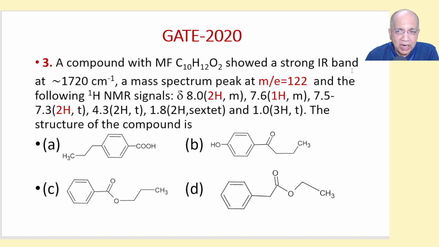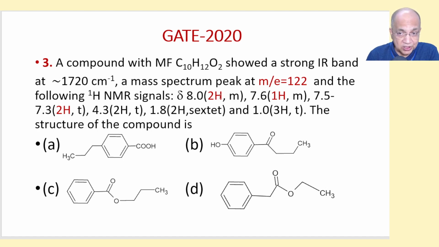A strong IR band in the region of 1720 centimeter inverse indicates a carbonyl group. A mass spectrum shows a strong peak at 122, and the following proton NMR: 8, a 2 proton multiplet; 7.6, a 1 proton multiplet; 7.5 to 7.3, a triplet, 2 protons.